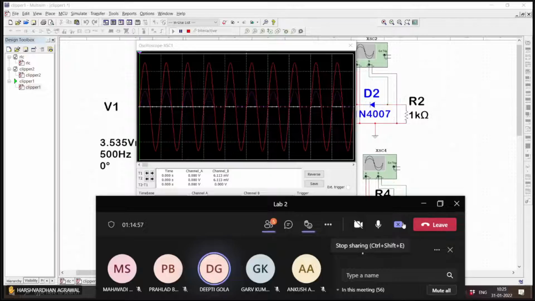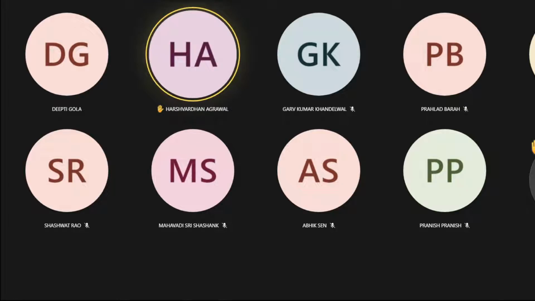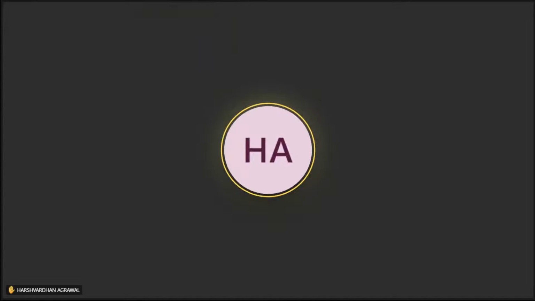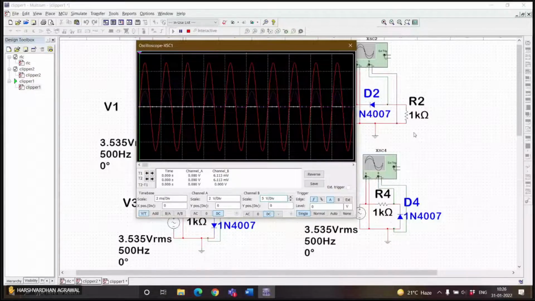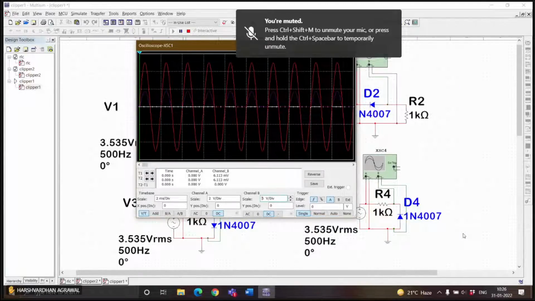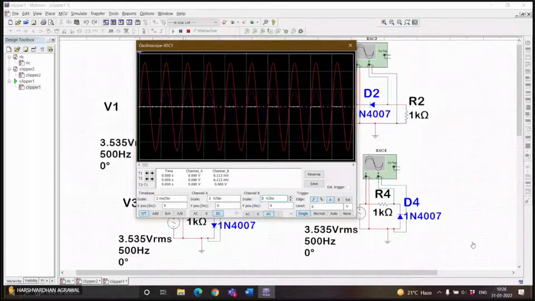Yes, ma'am. Now is it visible? Wait a minute. No, I can see only a black screen. Yeah, now it is. Yes, ma'am.